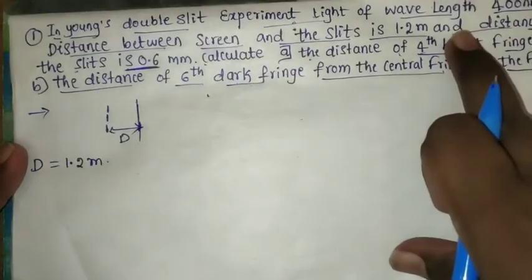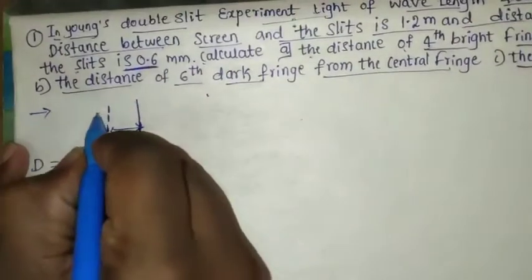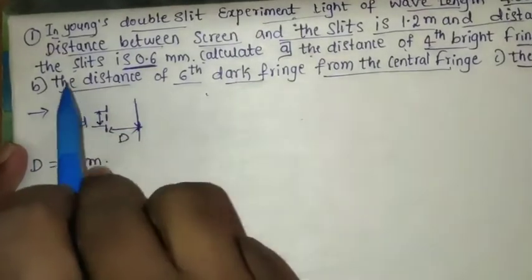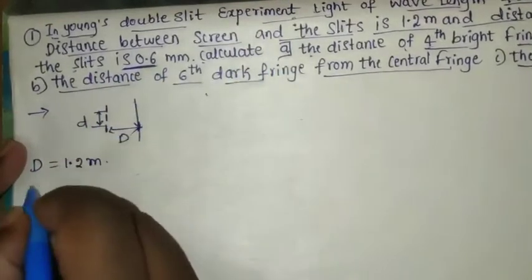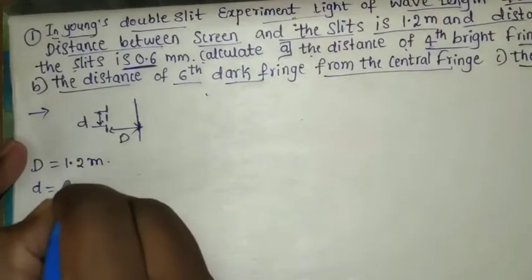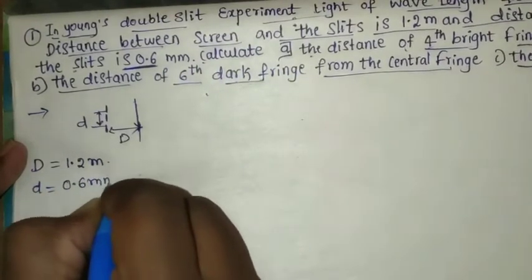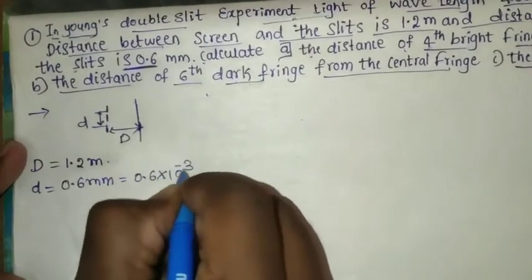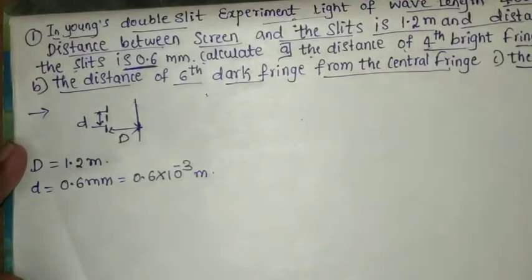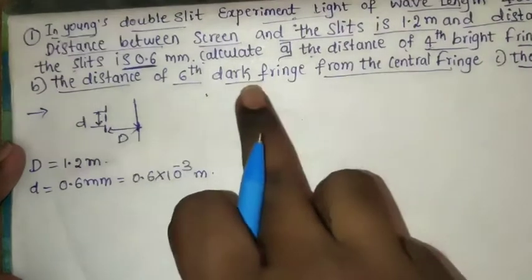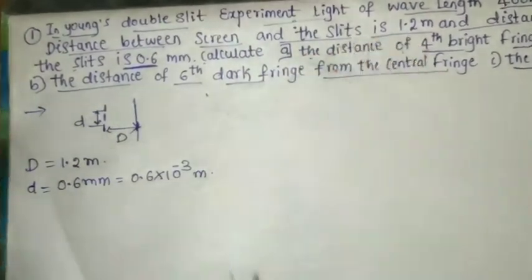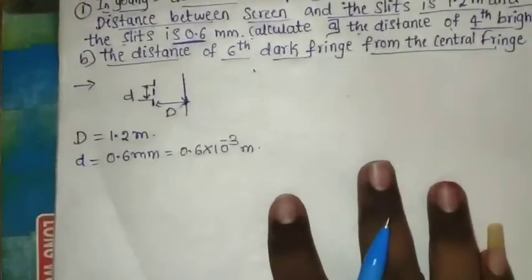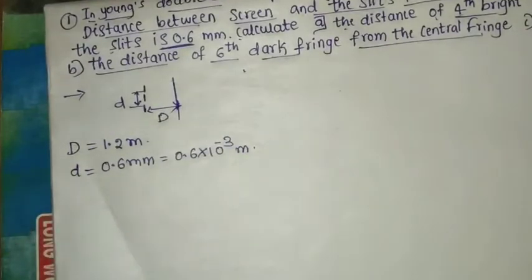The distance between these two slits is small d, 0.6 millimeter, that is 0.6 into 10 to the power minus 3 meter. They asked to calculate the distance of the 4th bright fringe from the center.